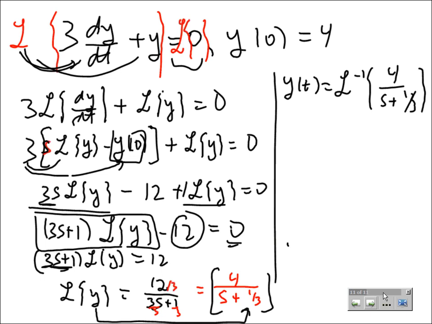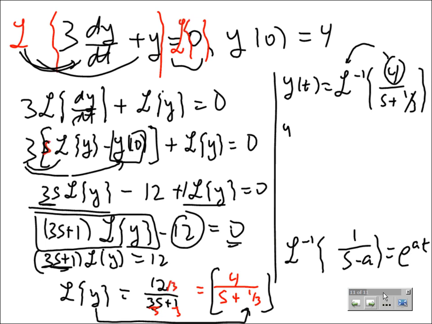Now, remember, we know the Laplace inverse of 1 over s minus a. It's e to the at. Okay, we know that. So I want a 1 on the top. So I factor out the 4.